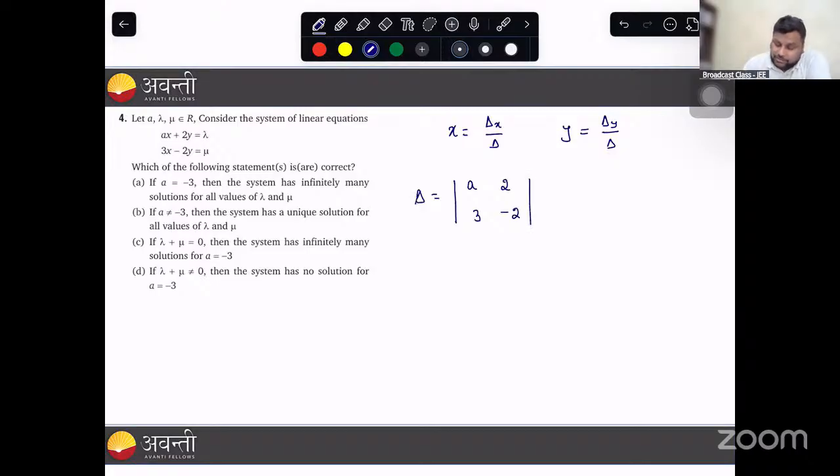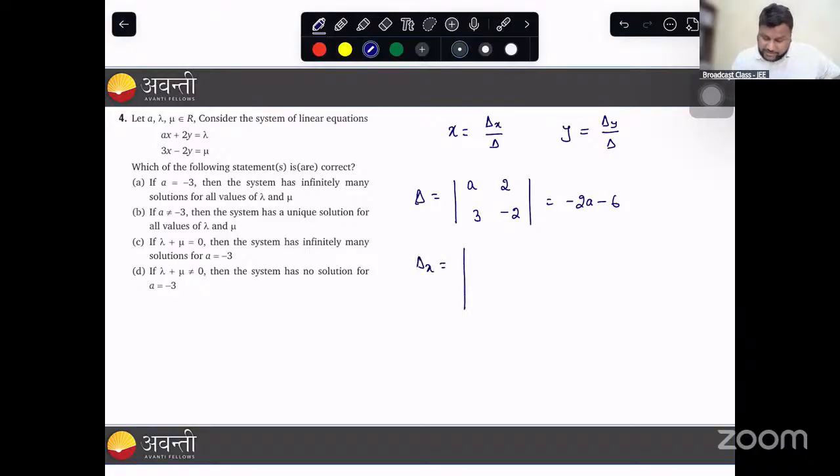For unique solution, this thing should not be 0. Okay, do one thing. Let's find the values of each one of them. So delta is minus 2a minus 6. Got it? What is delta x?